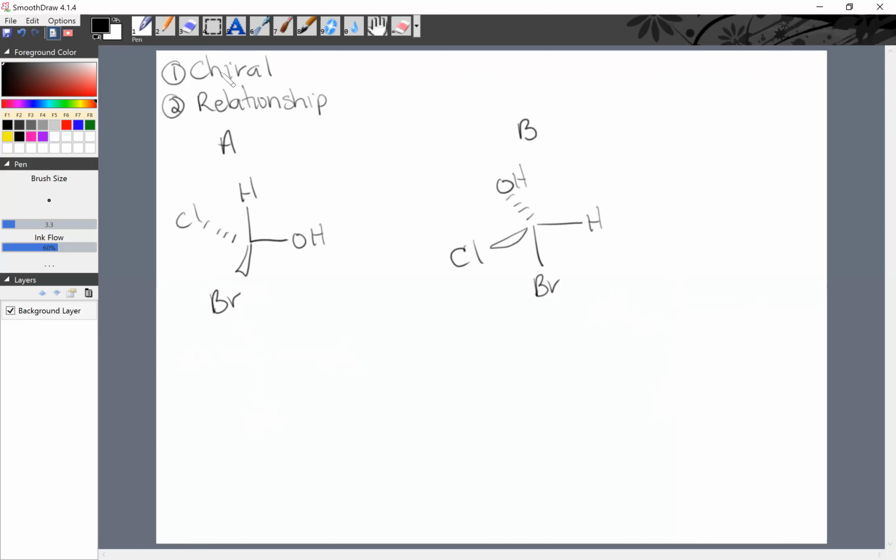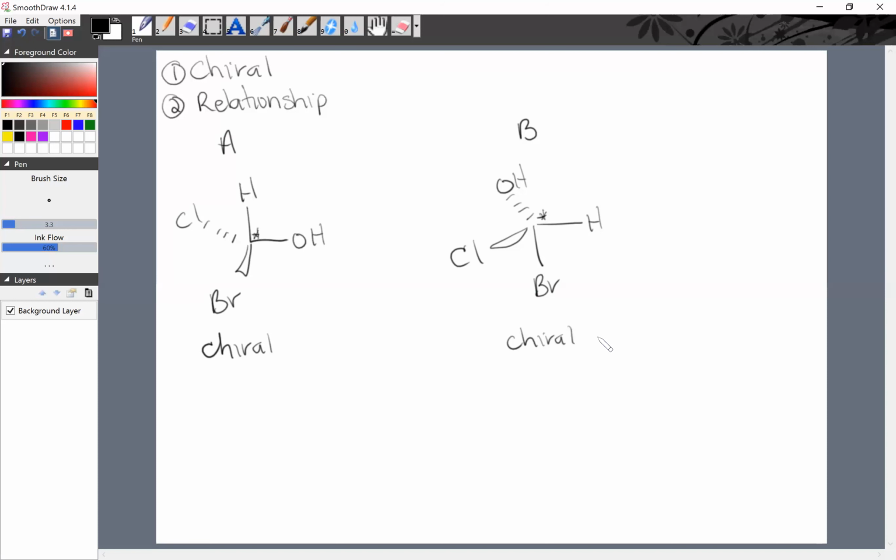All right, now the first question, am I chiral? You can use any of those variations. You can look for the planes of symmetry. You could draw the mirror image, but I like to use the stereocenters. So look, that carbon has 4 unique groups, and there's only one stereocenter, so this one's chiral. This one has 4 unique groups, so it is also chiral.